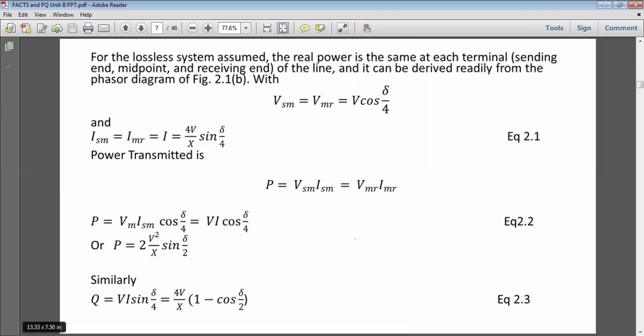Now to obtain double the power handling capacity, there is a cost of reactive power, meaning we have to provide reactive power by the midpoint compensator, and the quantity of reactive power will also be very high. So Q = 4V²/X (1 − cos(δ/2)).